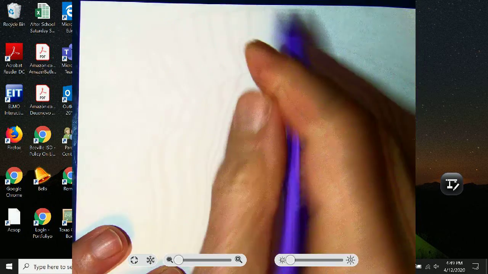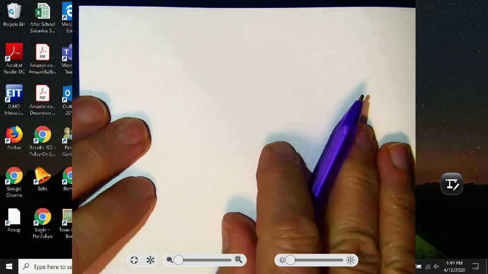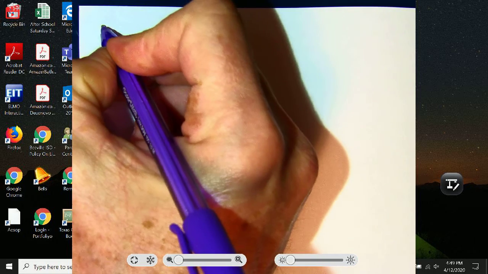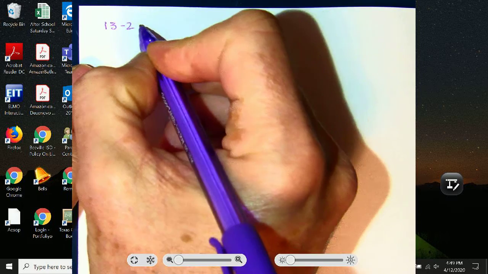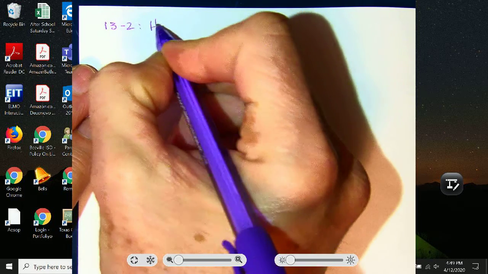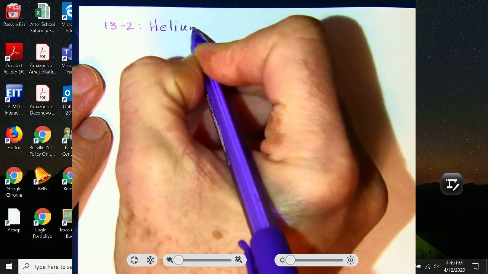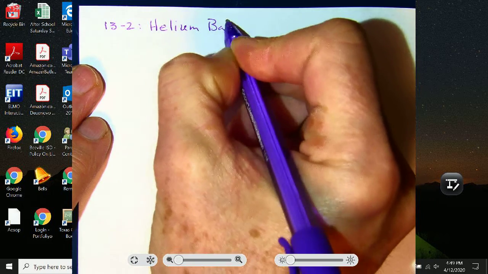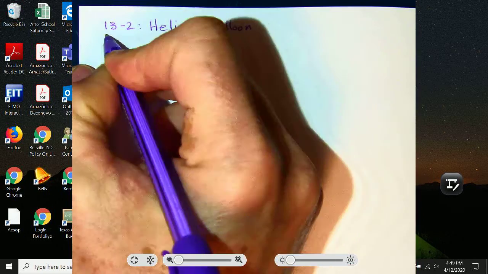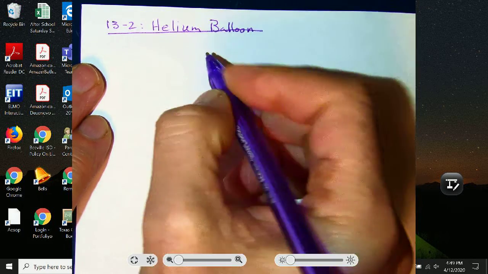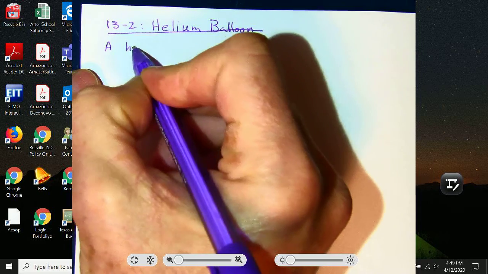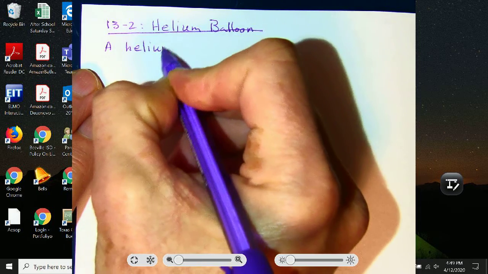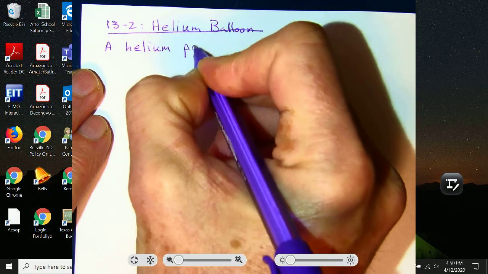All right, let's look at another example here. Again, this example is from Giancoli. It's example 13.2, I believe, and it's on a helium party balloon.